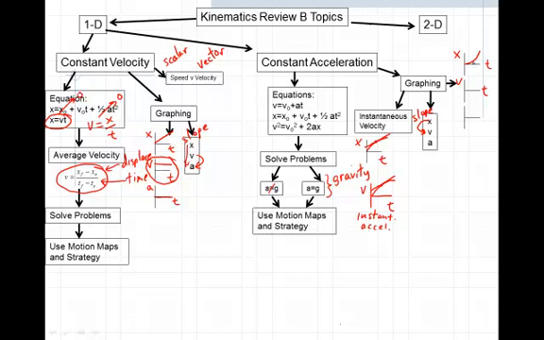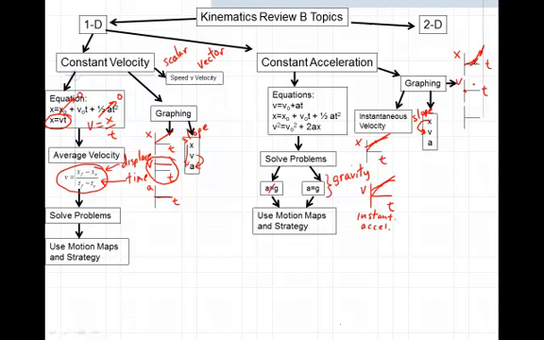So the slope at first here would be 0, so that means I have a zero velocity. Then here I would describe that slope as being positive and constant. And then here I would call this a high positive constant slope right there, as opposed to that medium positive constant slope.